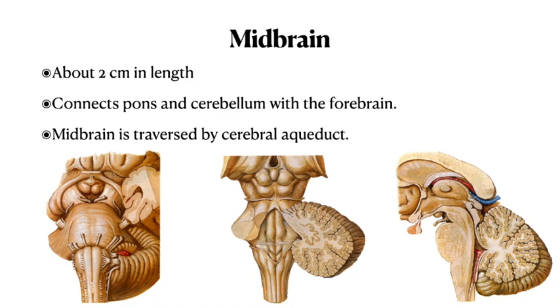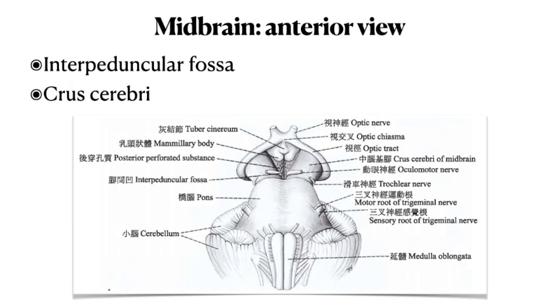Midbrain is traversed by cerebral aqueduct. On the right-hand side, you can see the mid-sagittal section of the brainstem. So you can see the cerebral aqueduct in the fourth ventricle. This picture shows the anterior view of the midbrain.